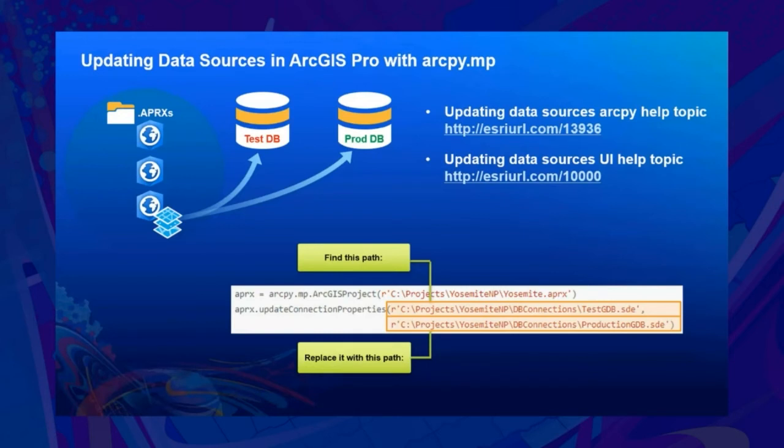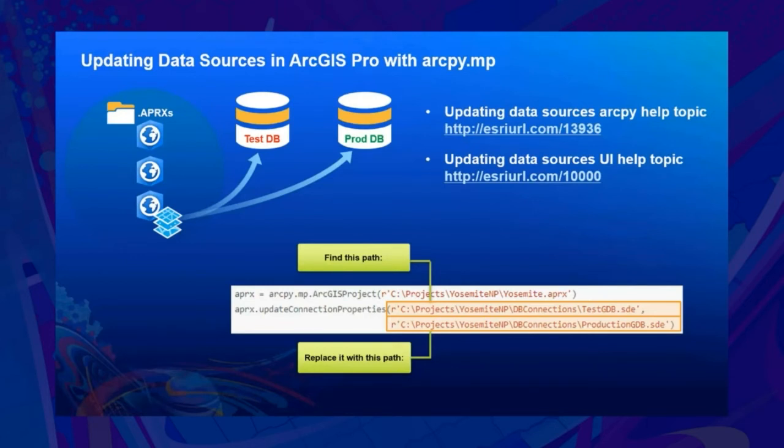Also on this slide, I've included a link to the user interface help topic as well. And I think it was in ArcGIS Pro version 2.6 that included a new dialog for managing all the data sources within a project. And that allows you to do bulk data source updating on a project, similar to what you would do in Arcpy.